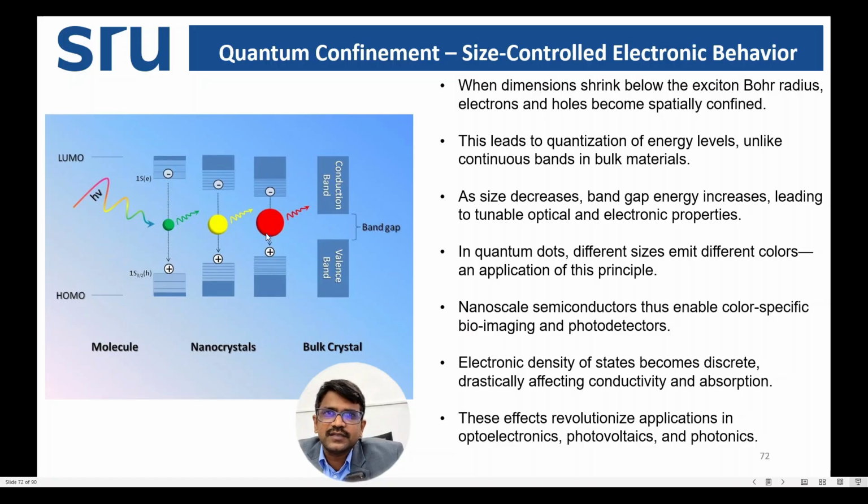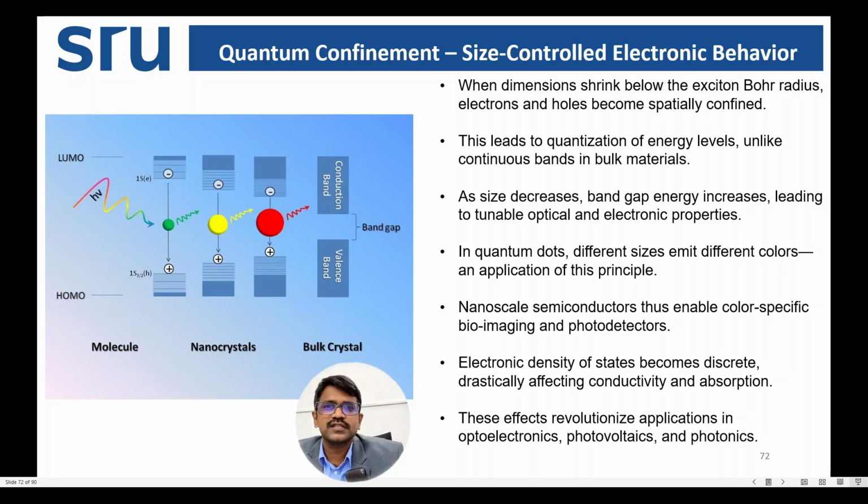See here, this is the size of the particle, and the size of the particle is reducing. As the size is reducing, what happens to the band gap? The band gap is increasing, and along with the increase in band gap, the color also changes.